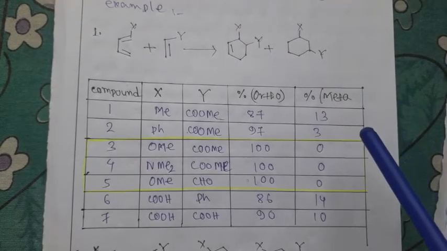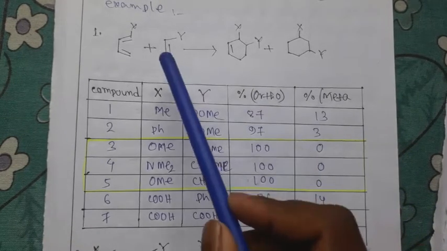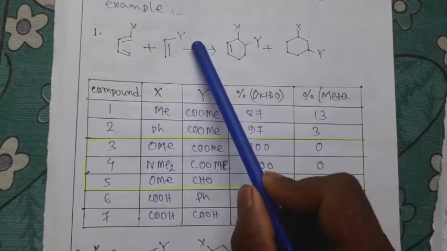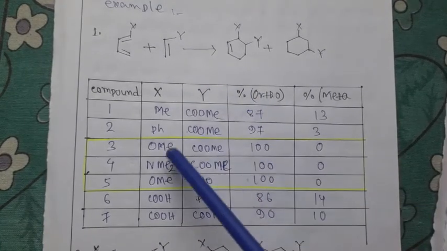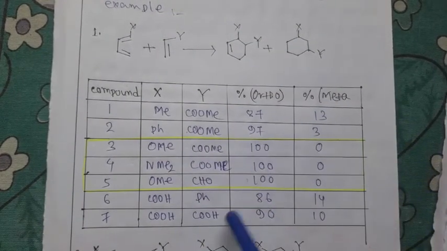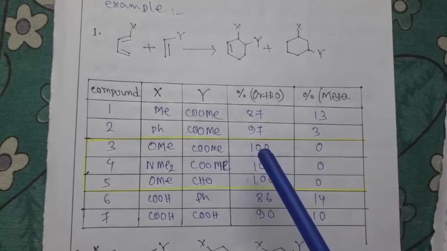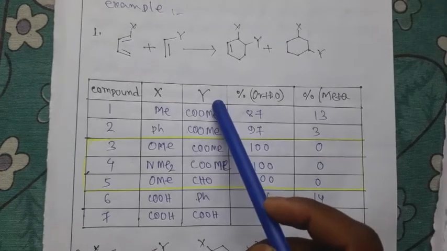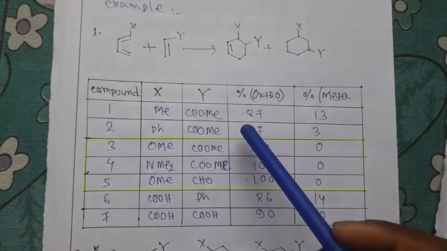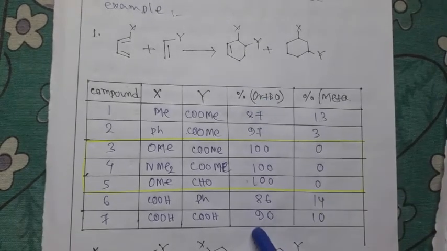For more clarification, let's have some examples. For the clarification of the first point, the substituents X and Y along with the percentage product distribution are shown in this table, where we can see that with respect to the nature of X and Y, when they are electron donating and electron withdrawing, ortho adduct has been found as the major product.